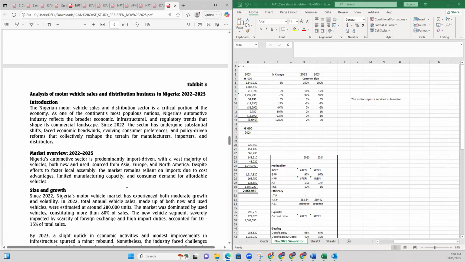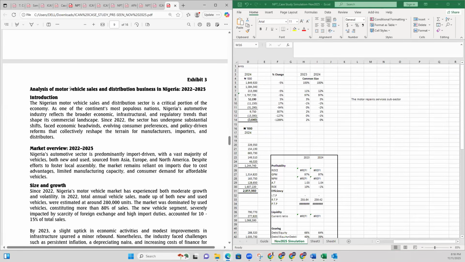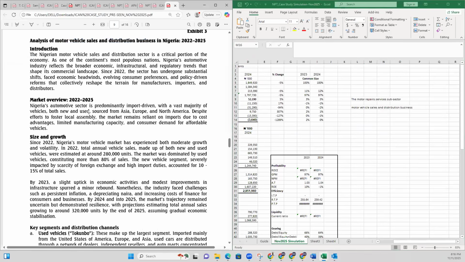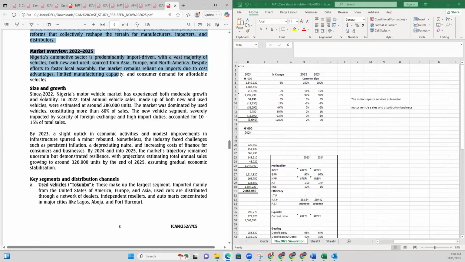And then in Exhibit 3 is motor vehicle sales and distribution. Is that not? That's the one you just finished reading, where they gave us this brief overview. They talked about the size, if you look at this, where they said about 250 units, 280,000 units.